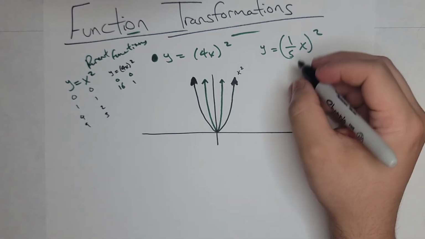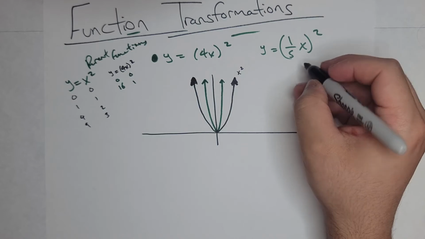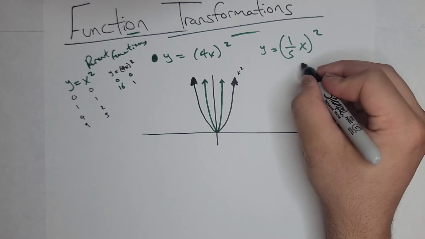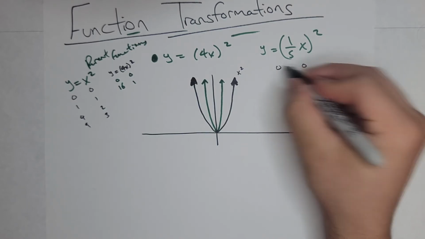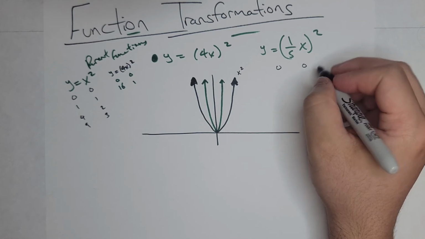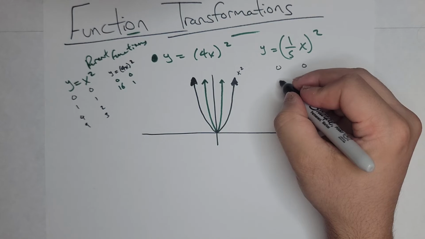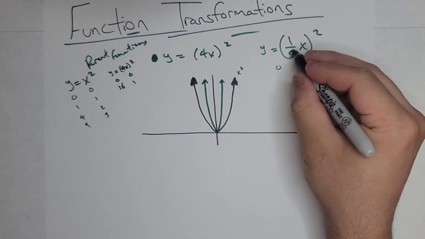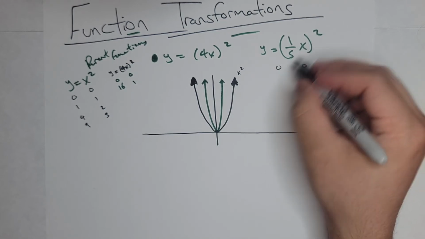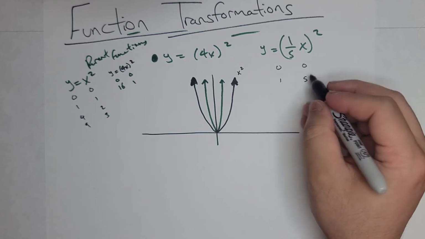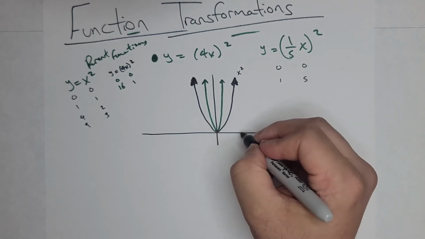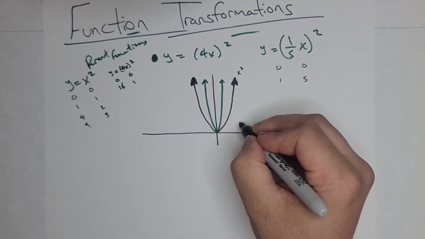And similarly, for this one, for x equals 0, we have 0. And let's do x equals 5. At 5 now, we have 5 times 1 over 5 is 1. 1 squared is 1. So now, at x equals 5, which is all the way here, we have a 1.